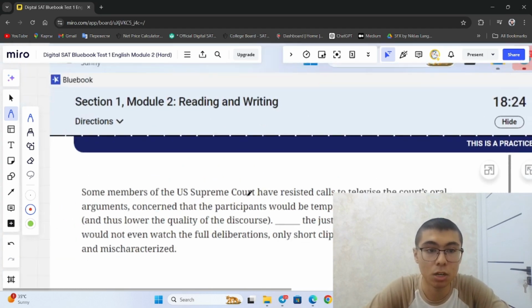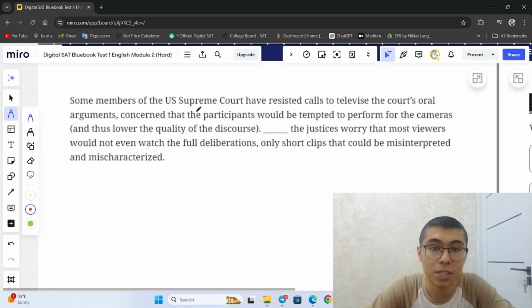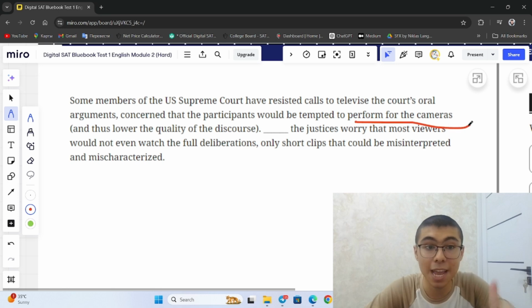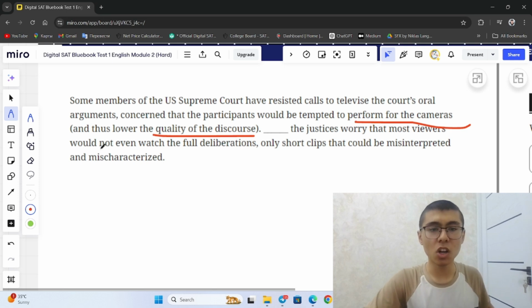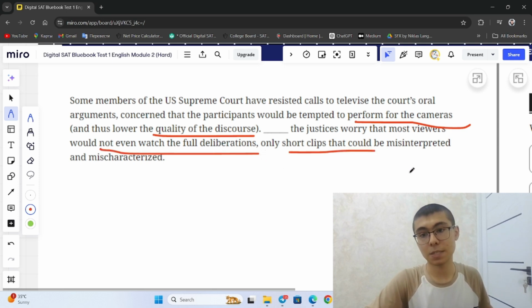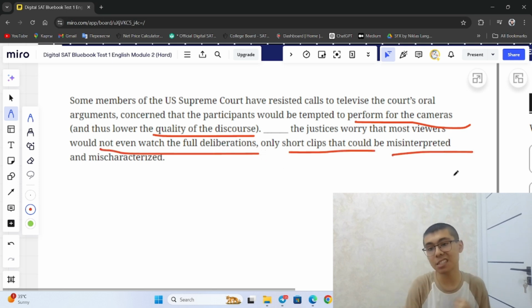Question number 24. Some members of the US Supreme Court have resisted calls to televise the court's oral arguments, concerned that the participants would be tempted to perform for the cameras. Okay, so they would be tempted to perform for the cameras and thus lower the quality of the discourse. The justice worried that most viewers would not even watch, only short clips that could be misinterpreted and mischaracterized.